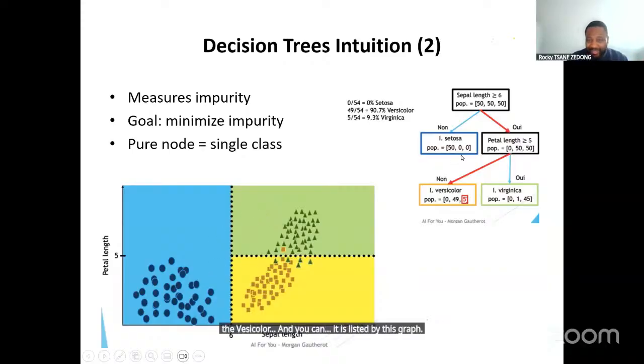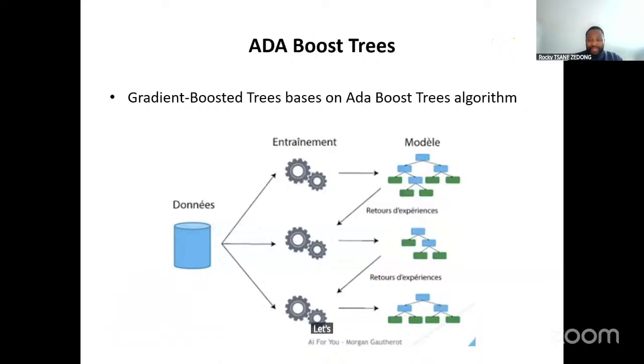And here we have 50 and no versicolor or virginica. Let's go to another concept, which is the foundation of the gradient boost tree. It is the Adaboost tree, because gradient boost tree is based on the Adaboost algorithm.